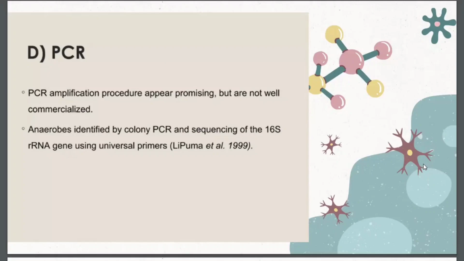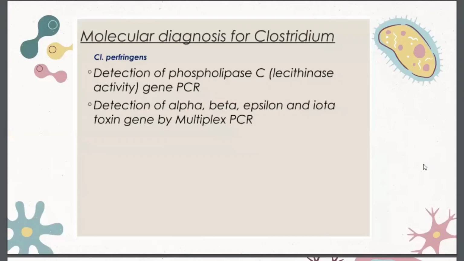Anaerobes are identified by colony PCR and sequencing of the 16S rRNA gene using universal primers. And for molecular diagnosis of Clostridium, detection of the phospholipase gene by PCR, and detection of alpha, beta, epsilon, and iota toxin genes by multiplex PCR.